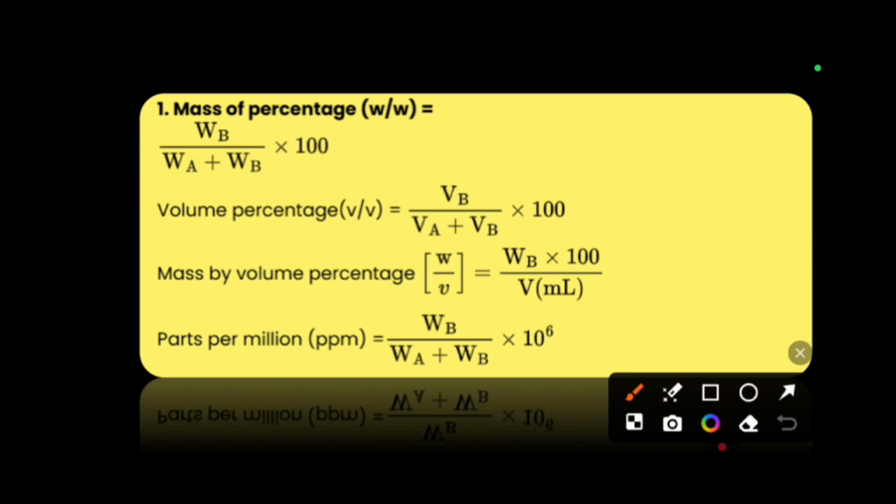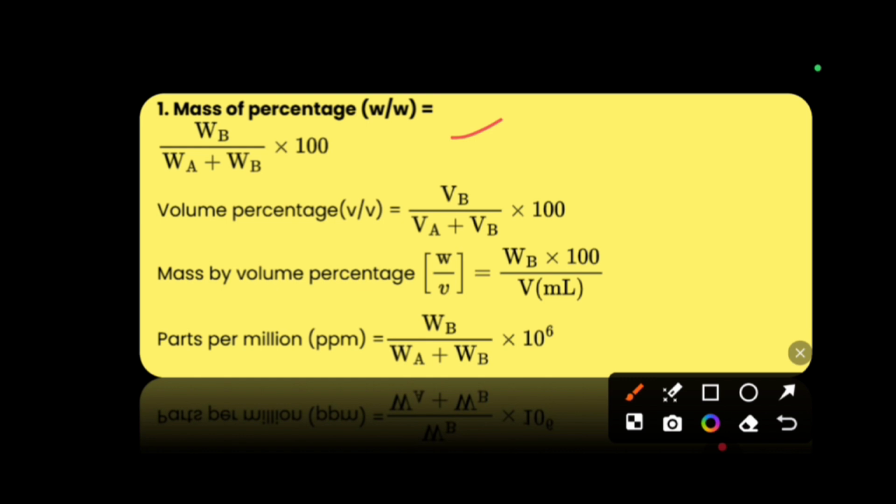So you can see here mass percentage. We are revising here, take care of this thing. We have done it already. Whenever you want to calculate the mass percentage of solute or solvent, depending on which you want to solve, that you have to keep upside.